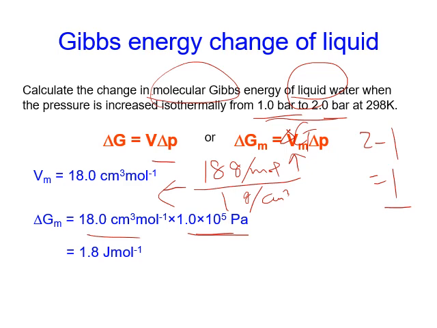So for liquid water, when pressure increases by 1 bar, the Gibbs energy increases by 1.8 joules. Later we'll see that for gas phase water, when the pressure increases by the same 1 bar, the Gibbs energy increases by about 1,000 times this value.